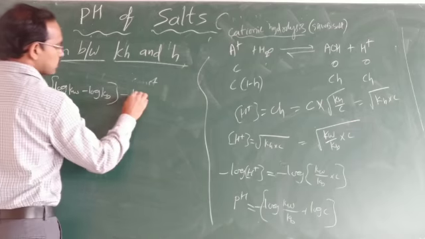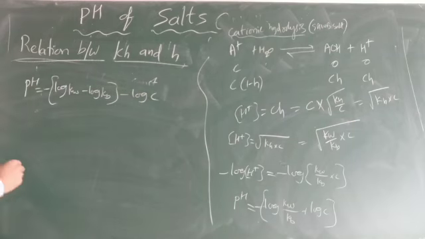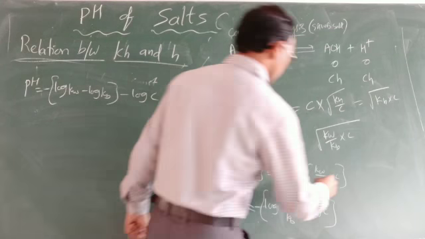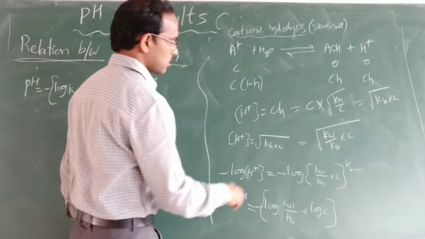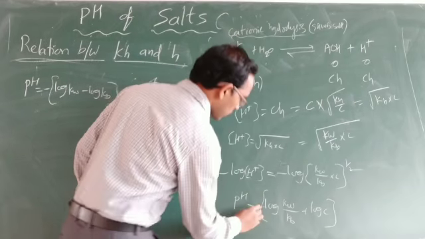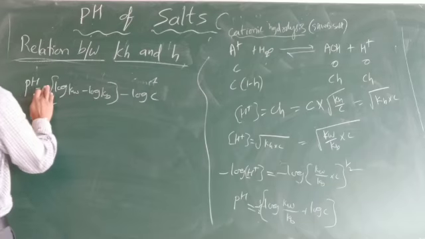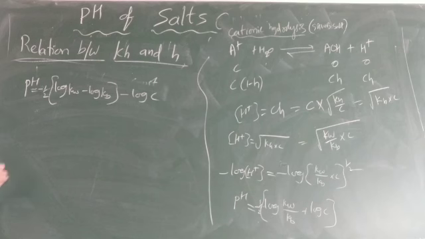Then minus log C. But we forgot that root, no? Where is that root? Here. Right? Root means it will come minus half, 1 by 2. Here it will be minus 1 by 2. Yes? Minus 1 by 2.